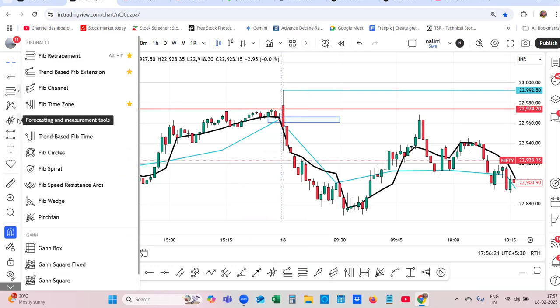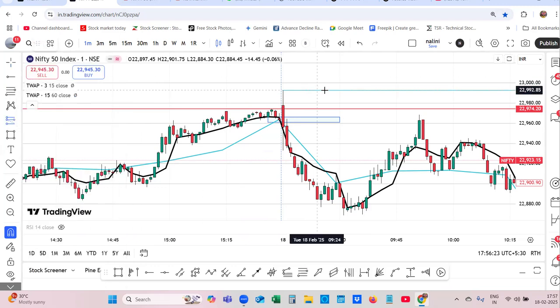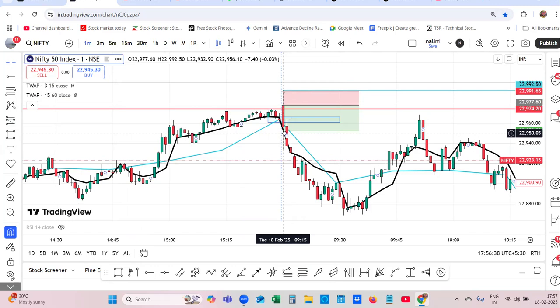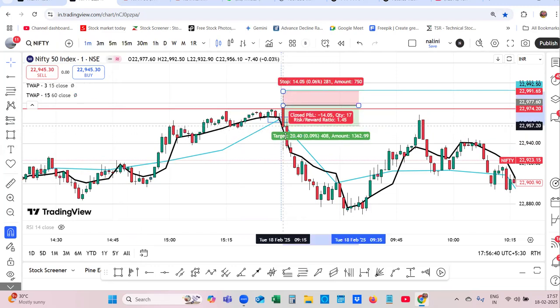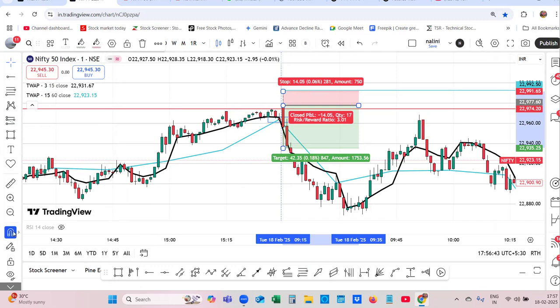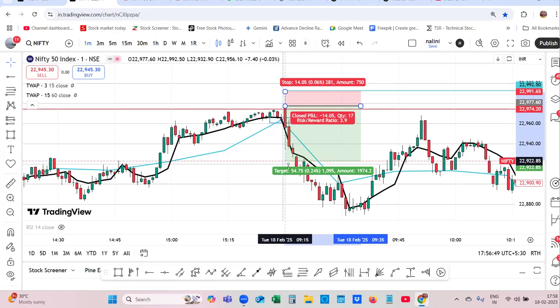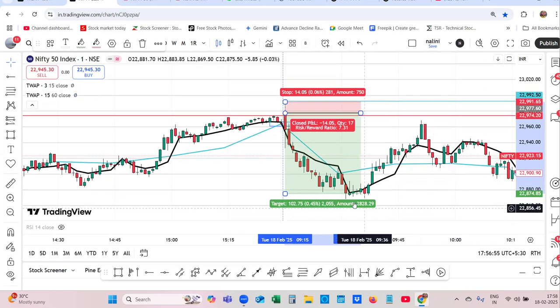If you are taking the short position around this area, you keep the stop loss this much, and your risk reward should be first 1:1, and then 1:2 minimum. You will get 1:2, sometimes 1:4 also. See here, the risk reward ratio you are getting is 1:7.